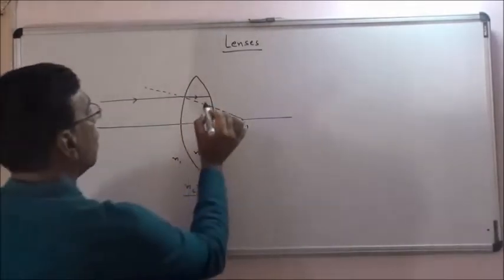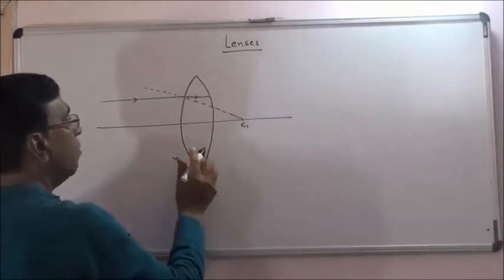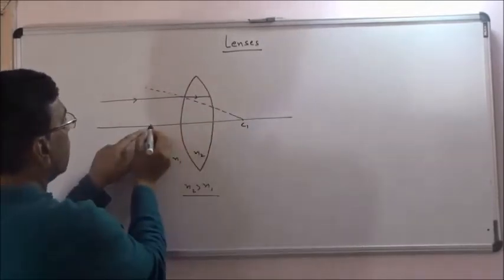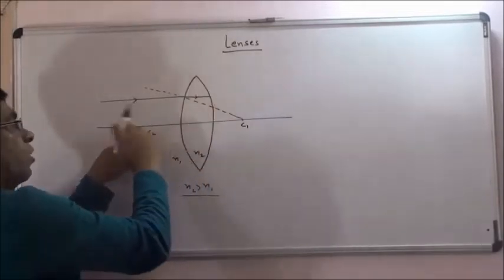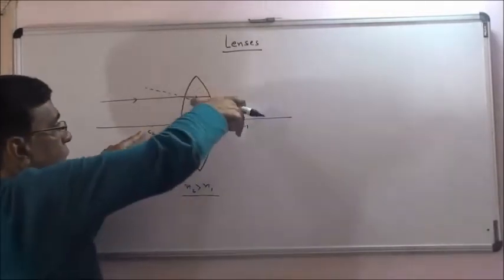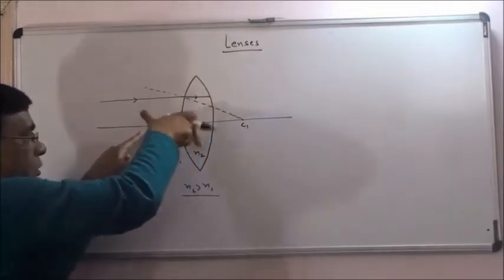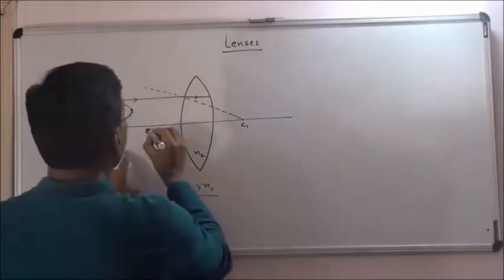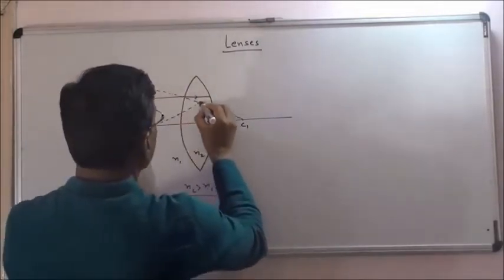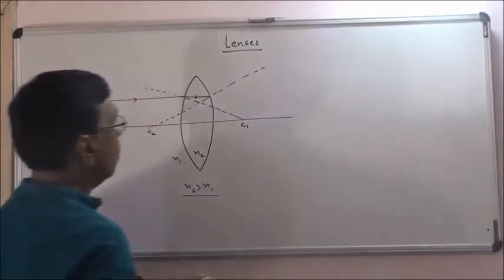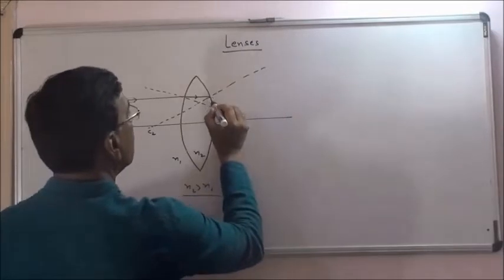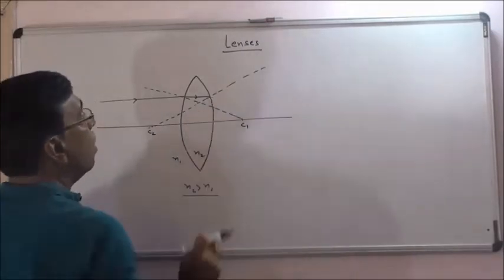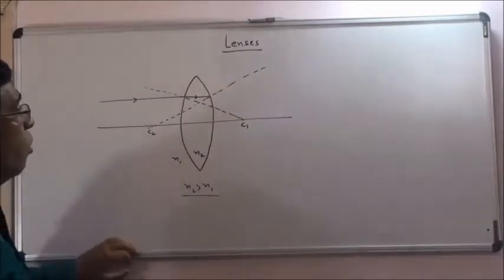Now again, at this point, this is curved, so this will also have a center of curvature, but this second surface will have center of curvature on the left side. First surface drawn from this side, second surface drawn from this side. So again, let me draw a normal at this point. And now it is moving from denser to rarer, so it moves away from the normal.